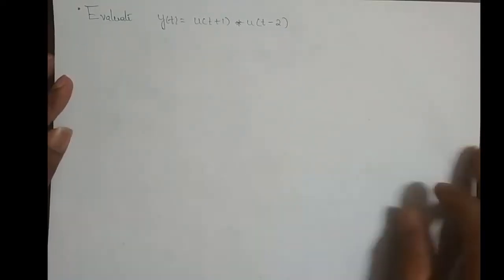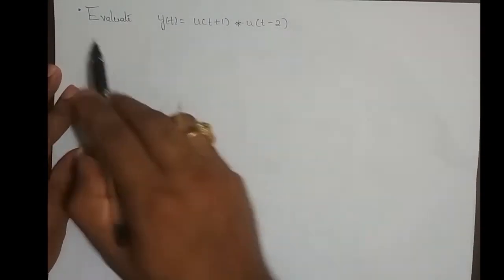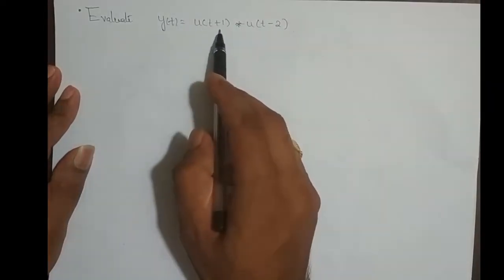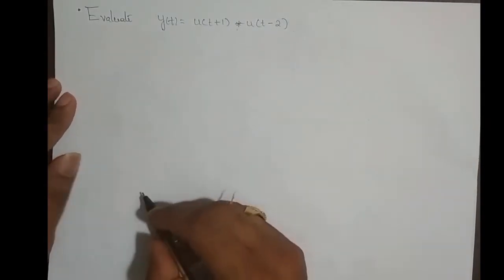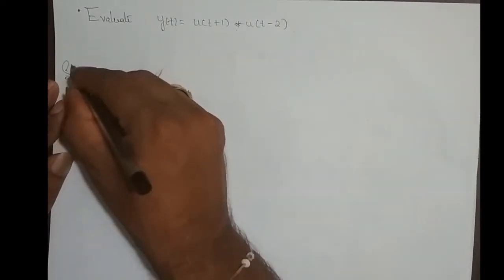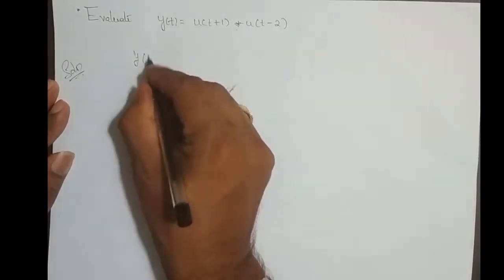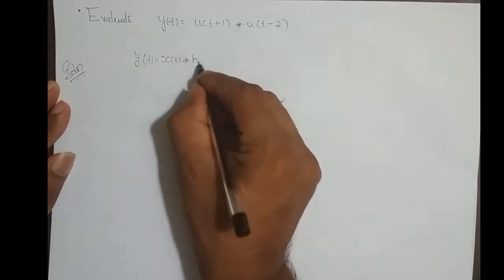We shall take up one more problem on convolution integral. This time the problem statement is: evaluate y of t is equal to u of t plus 1 convolved with u of t minus 2. Solution: this is of the form y of t is equal to x of t convolved with h of t.